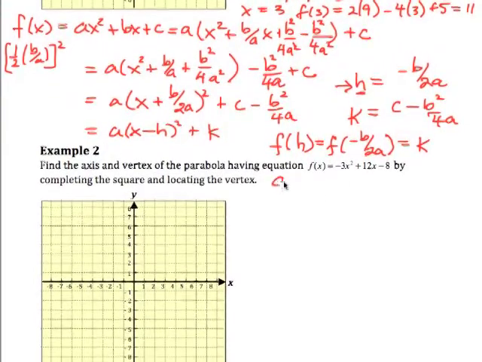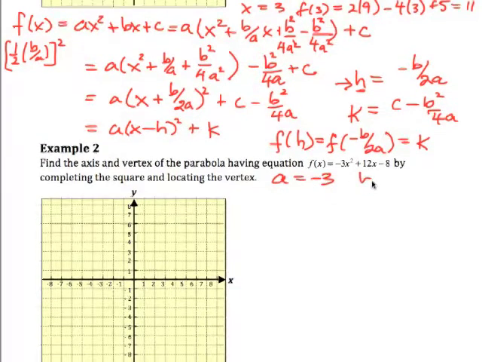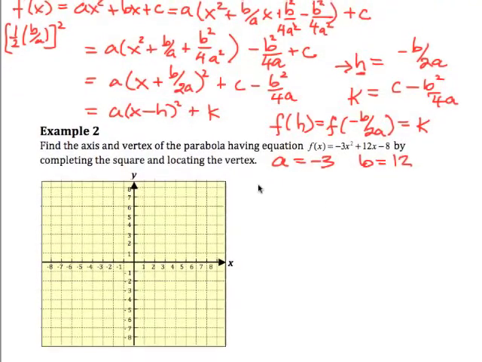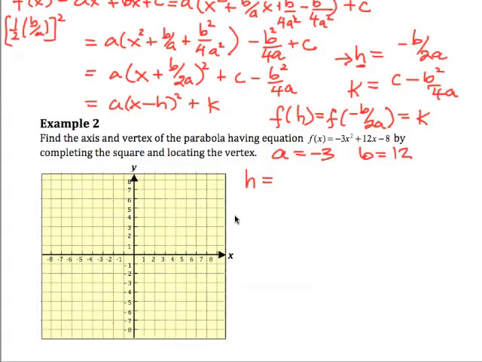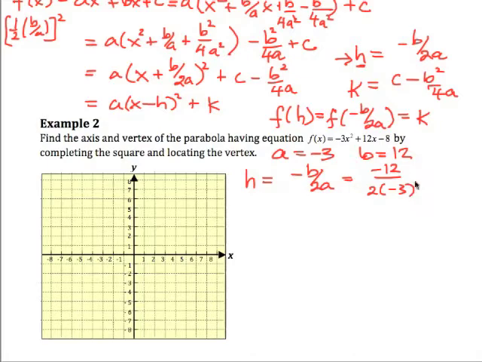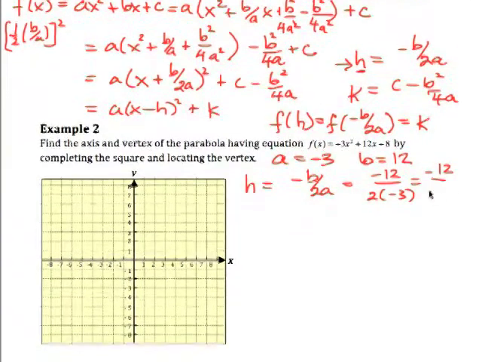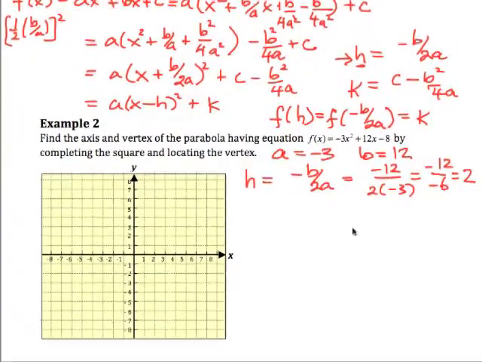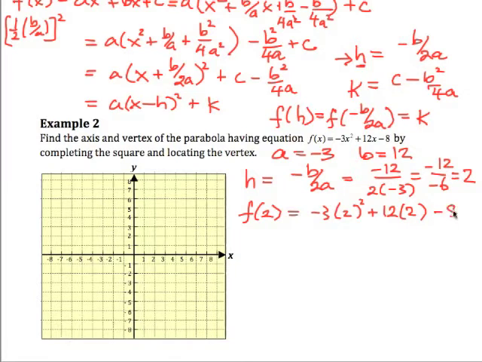So in this case here, we have a is equal to negative 3 and b is equal to 12. So my x value for the vertex is going to be negative b on 2a, which is negative 12 over 2 by negative 3, which is negative 12 over negative 6, which is 2. Then if I look at f of 2, this is going to be negative 3 by 2 squared plus 12 by 2 subtract 8.